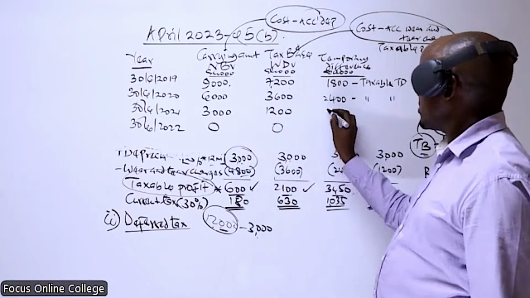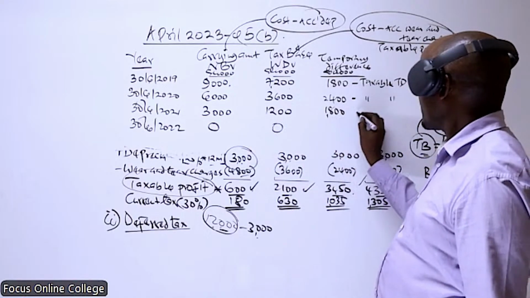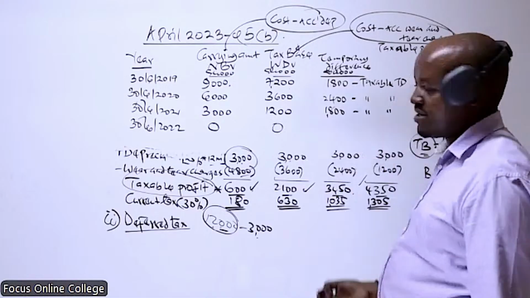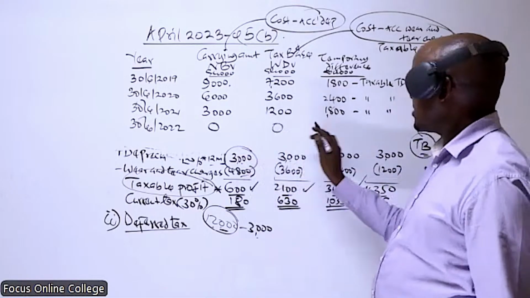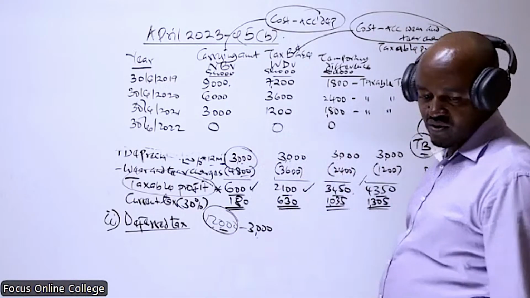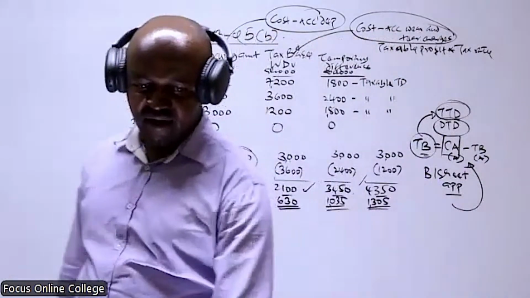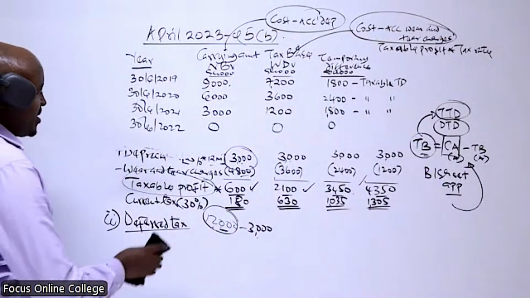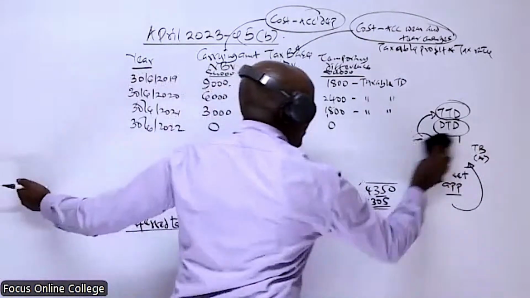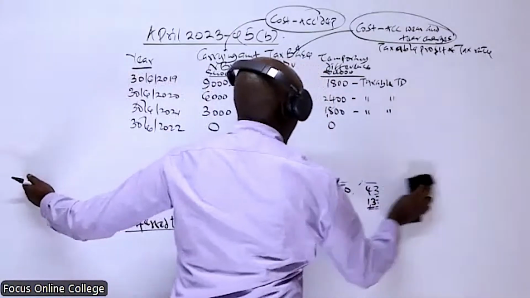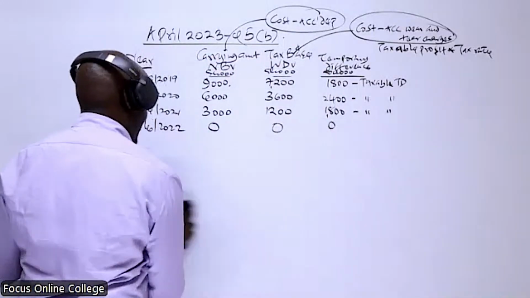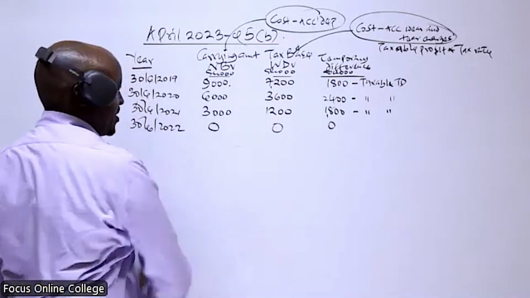This minus this gives us 24, which is still a taxable temporary difference. This minus this gives us 18, still taxable. This minus this will be 0, so there is no temporary difference.